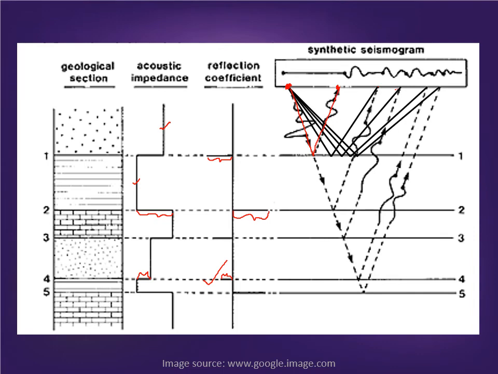Similarly, the waves are going in all directions. So the waves generated here also fall on this interface and are reflected back to the second geophone. Similarly, from the first interface, the reflected waves are also received in the other geophones.